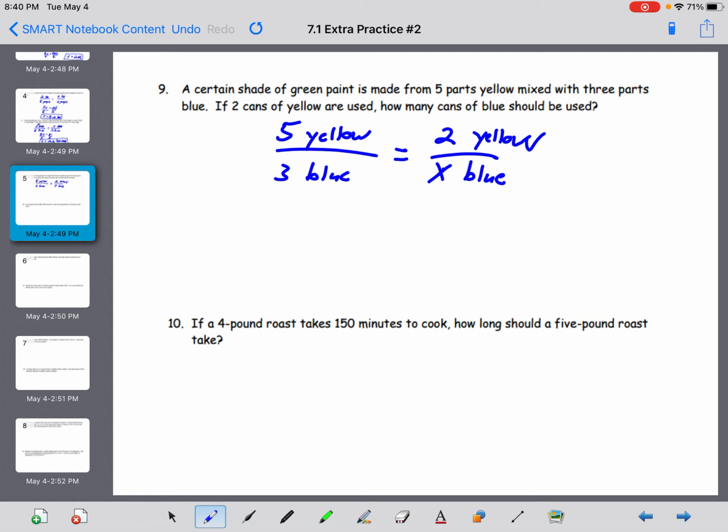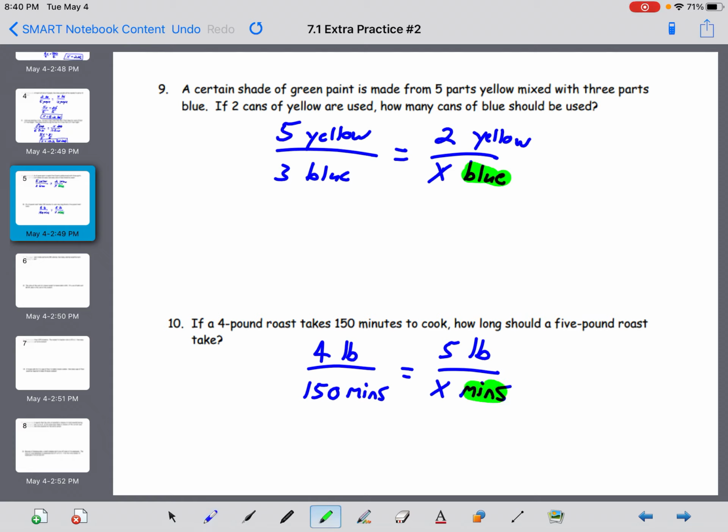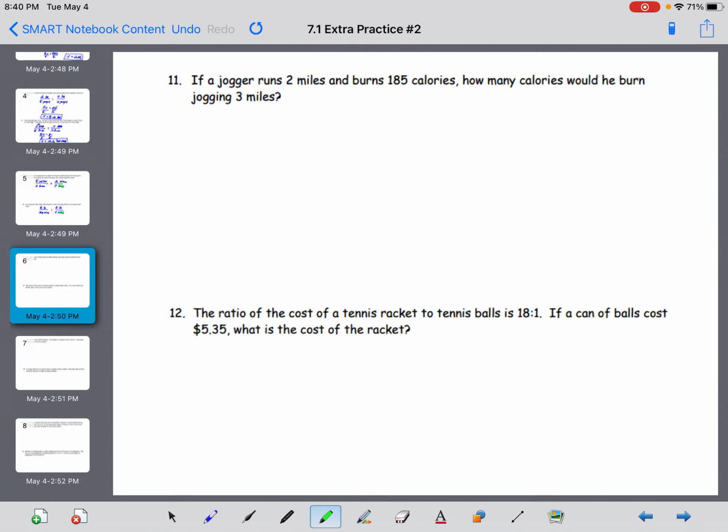Okay, so cross multiply from here and solve for x. If a 4-pound roast takes 150 minutes to cook, how long should a 5-pound roast take? Okay, cross multiply, and remember we're solving for blue here. We're solving for minutes for number 10.